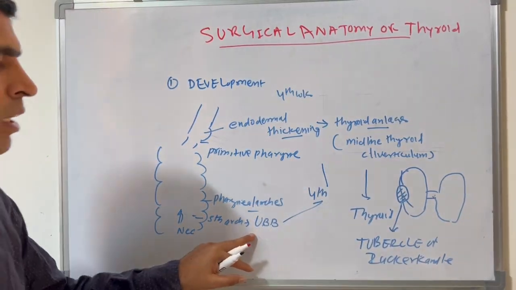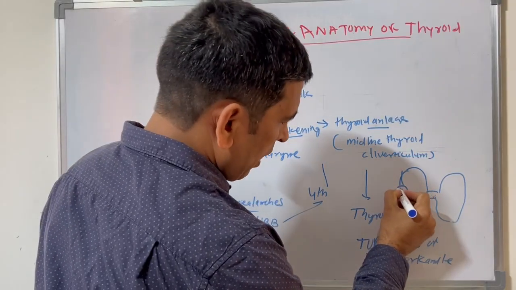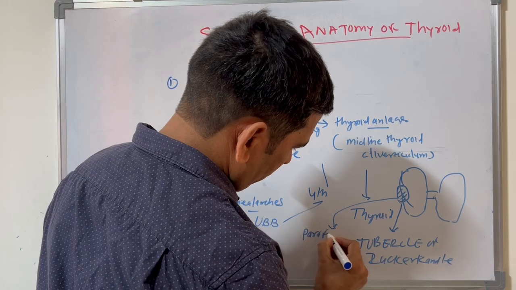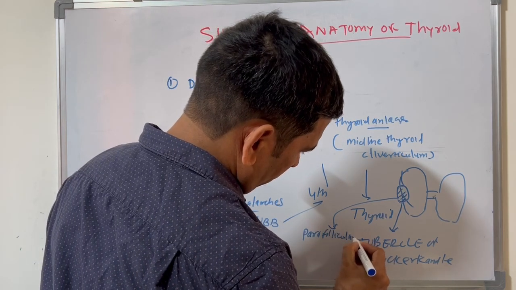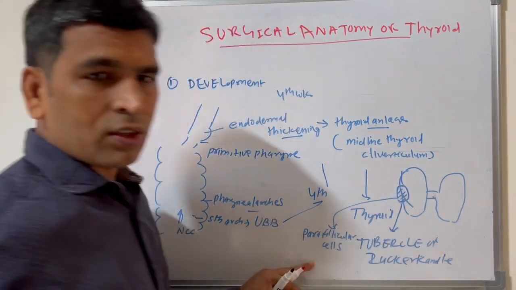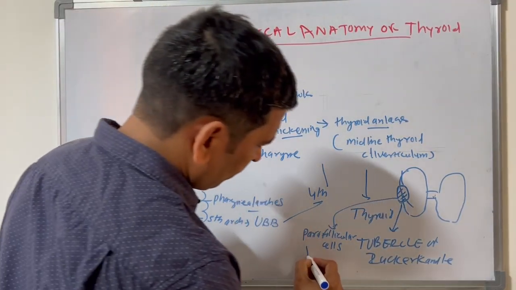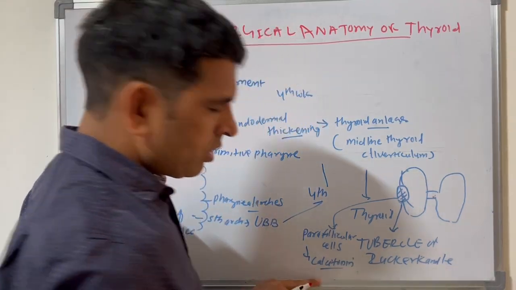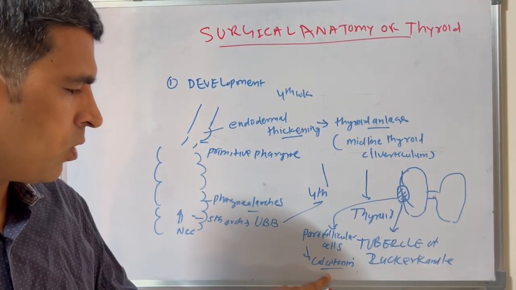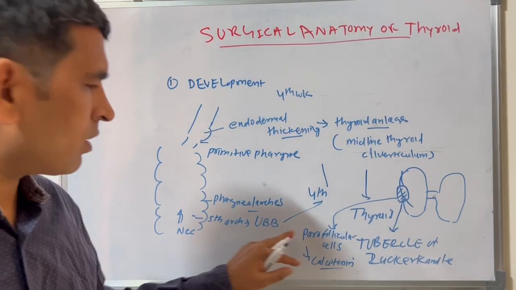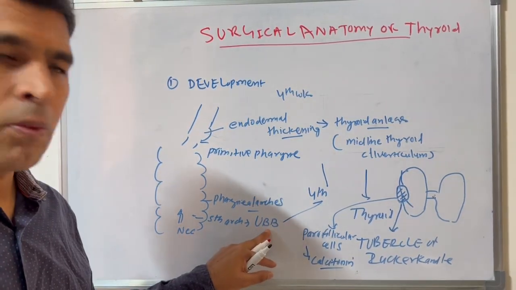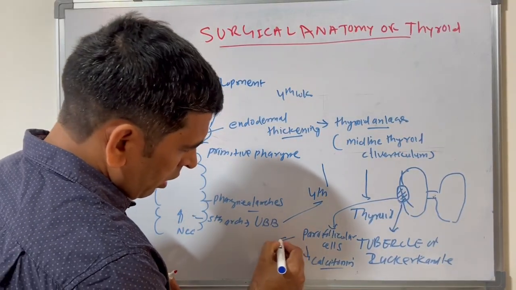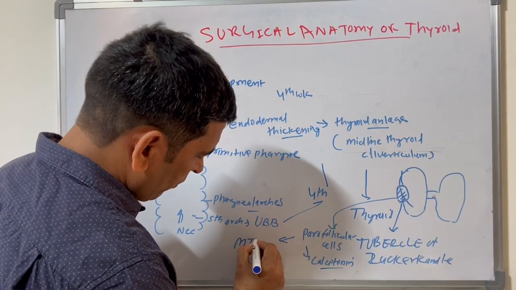This ultimobranchial body forms the parafollicular cells, which secrete calcitonin, which is the antagonist of the parathyroid hormone. The importance of these parafollicular cells is that they lead to medullary thyroid cancer.